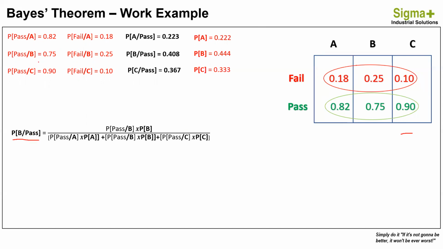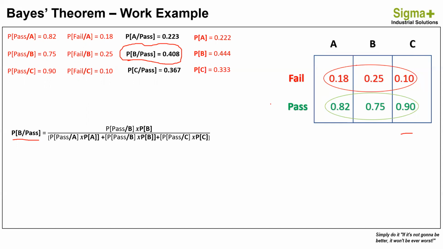And we have it here, the probability of B subjected to a pass condition. We found it 0.408 or 40.8%.